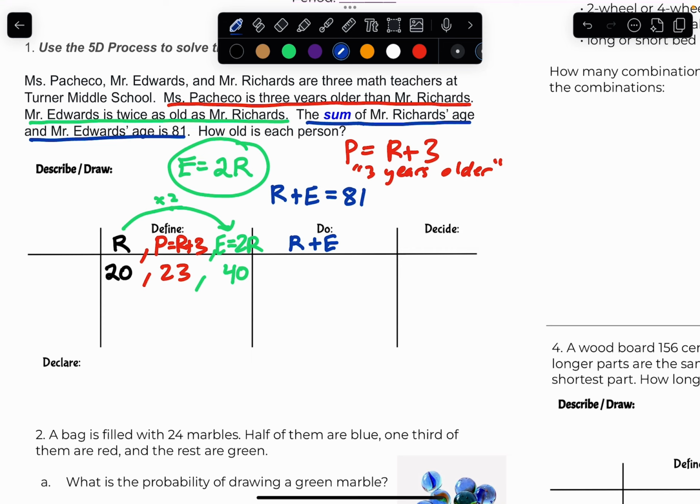And my goal is to get 81. So if I add the age of Mr. Richards and the age of Mr. Edwards, which I have as 40, would we get 81? I'm going to circle the first one and the third one, and say we have to add them.